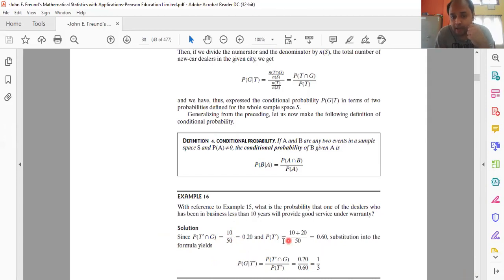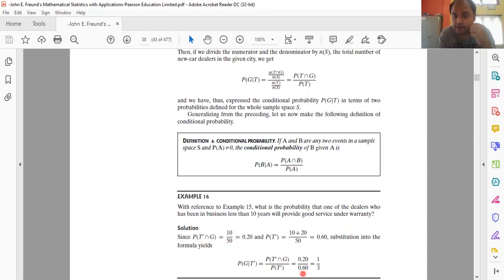Okay, and the probability that they are in business for less than 10 years can be calculated as, if you have the chart in front of you, just look at this to make sure, 10 plus 20 by 50. Okay, so we get 0.60.